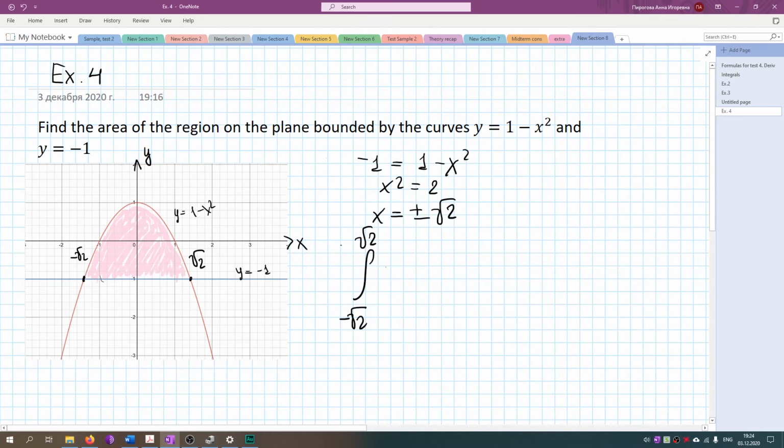So this means that firstly we will write our function which is higher on the graph, and it is our parabola, and then we will subtract the function which is lower, and it is the line in our case, so we subtract minus 1.